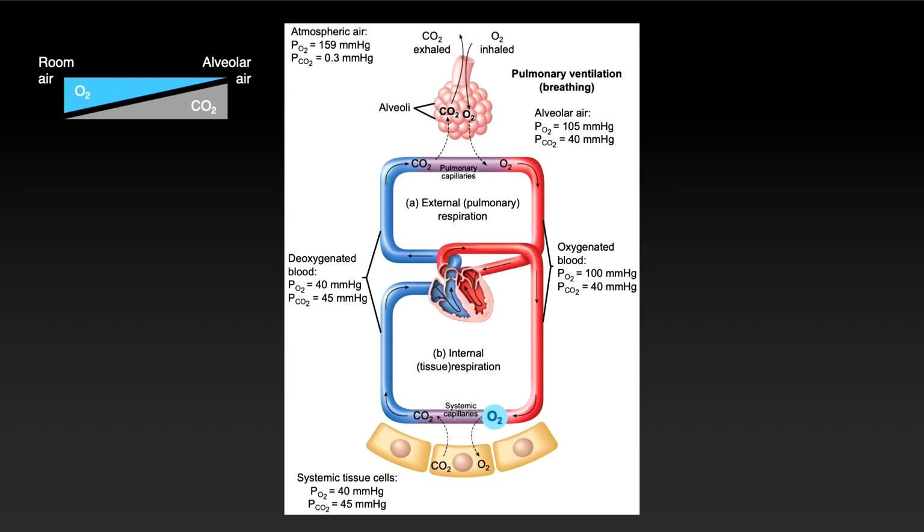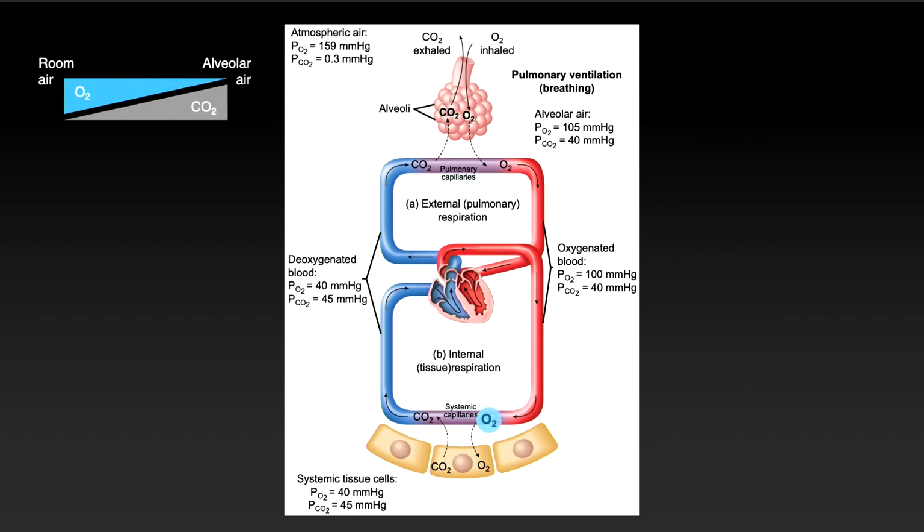These cells are always active, always using oxygen. So their PO2, their partial pressure of oxygen, is lower. Here it's 40. Well, if we knew nothing else except the partial pressure in the arterial blood and the partial pressure of oxygen in the cell, we'd know that oxygen would move in, down the partial pressure gradient.